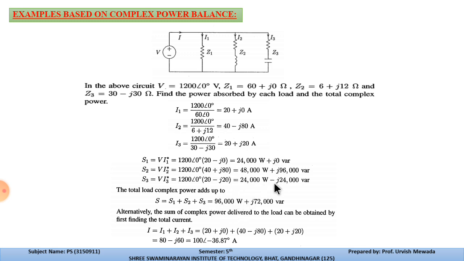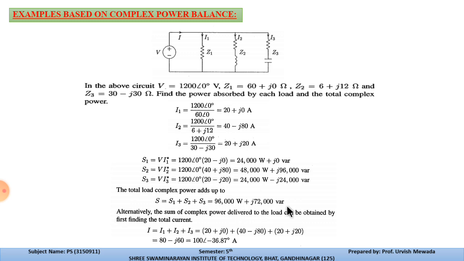For the reactive power, the resultant of the first two is 0, then plus 96,000 minus 24,000, so that will be 72,000 var. So this is the total load complex power. That indicates that this circuit has 96,000 watt of active power and 72,000 var of reactive power.